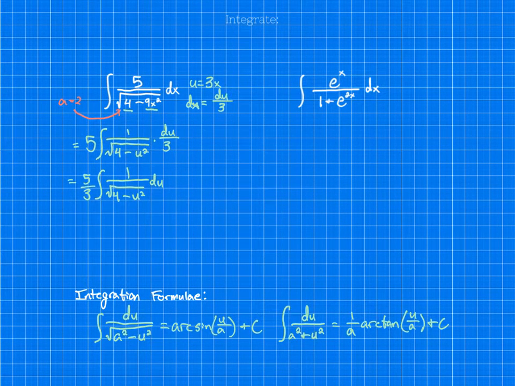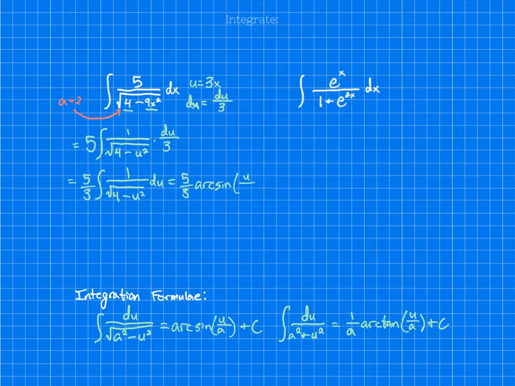U substitution is really just pattern recognition. If you can make this pattern pop out, then 80% of the work is done for you. And that's what we've done right here. We simply made this pattern pop out in the integral that we're working with. We still had to do a u substitution, but this is how it worked out. Okay, and I know that according to my pattern, I can correctly integrate this as 5/3 arcsine of u over a.